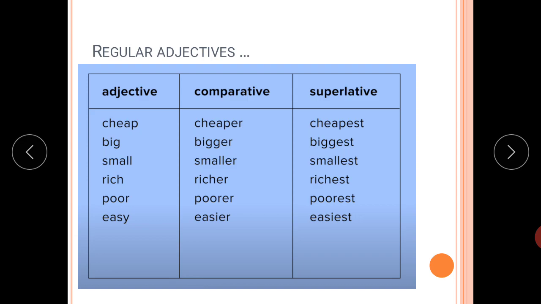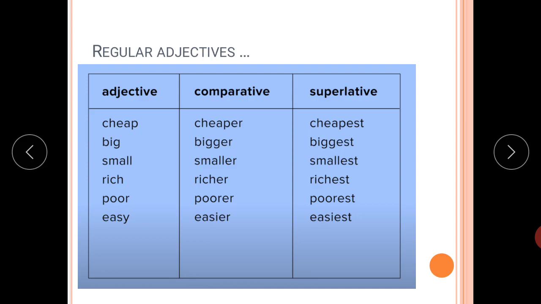For example, cheap, cheaper, cheapest, big, bigger, biggest, small, smaller, smallest, rich, richer, richest, poor, poorer, poorest, easy, easier, easiest. Just by adding er and est, you can make an adjective from positive to a comparative one and from positive to a superlative one.